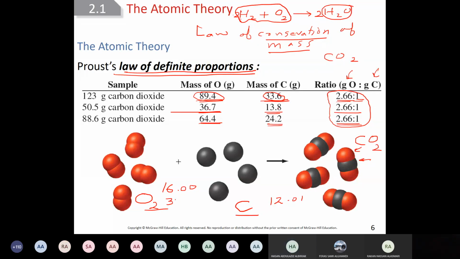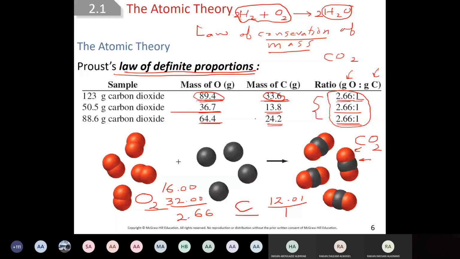What is it for 2 oxygen then? 32. Divide 32 by 12.01. Go ahead, do it in your calculator. 2.66 to 1. So the ratio is always 2.66 to 1. Same ratio like in here. Is this clear? Very good.